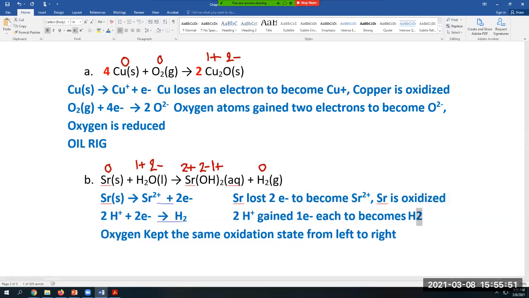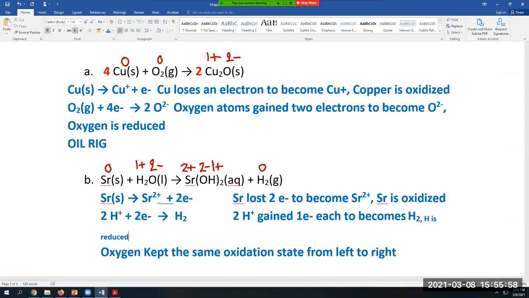So that tells you hydrogen is reduced because it gained electrons from left to right. So it's the reactant that was reduced. So that answered the question. Strontium is the one that is oxidized, and we have its half reaction here for the oxidation. And then hydrogen is the reactant that was reduced, and it's from H plus that it became H2, and that's how it's reduced into H2.